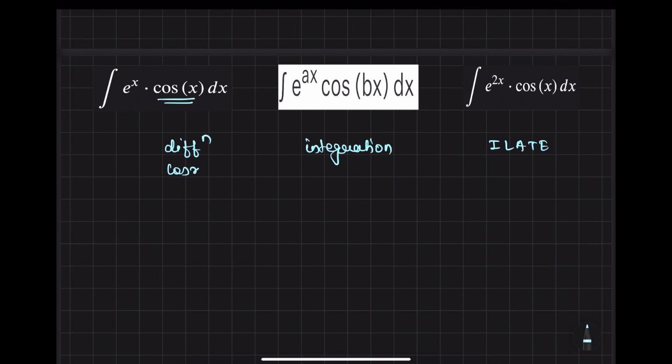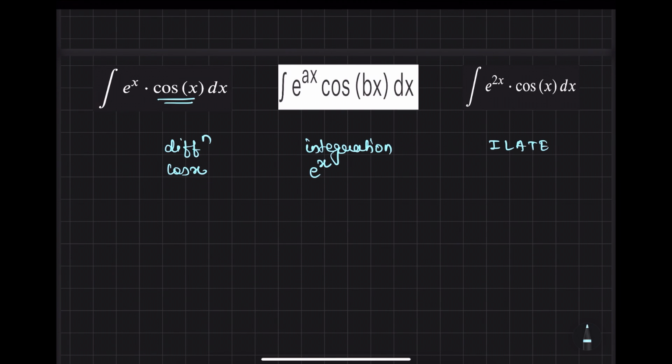Suppose it is cos x, and the second function will be e power x. Now you will keep on differentiating the first function and integrating the second function till you get the same term. Means we started from cos, we should end at cos.